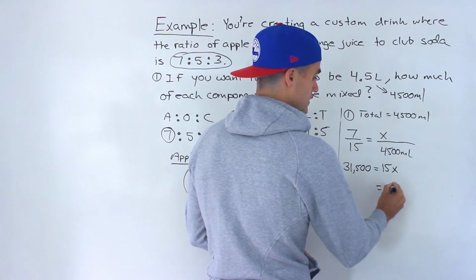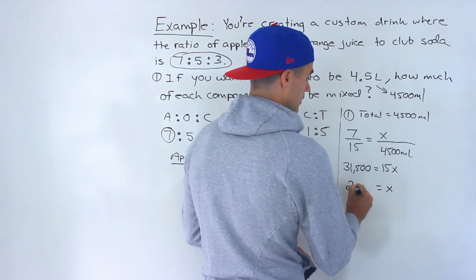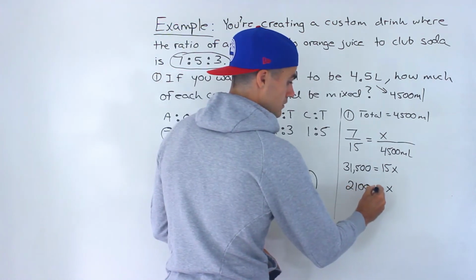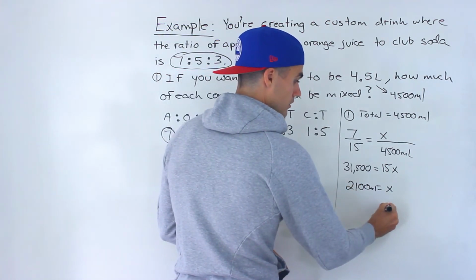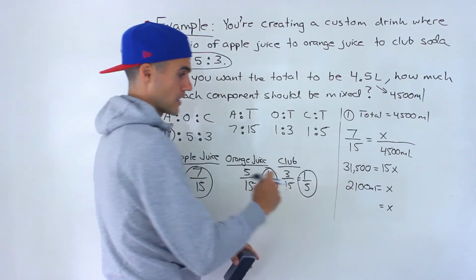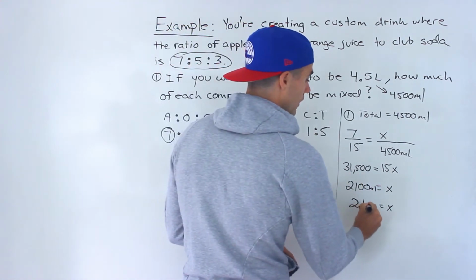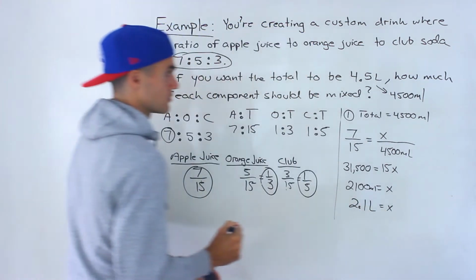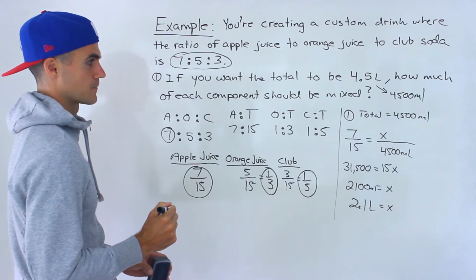Divide both sides by 15, x would end up being 2,100 milliliters. Or we can say, if you want to convert that to liters, you could divide it by 1,000, so you'd get 2.1 liters of apple juice has to be in the mix.